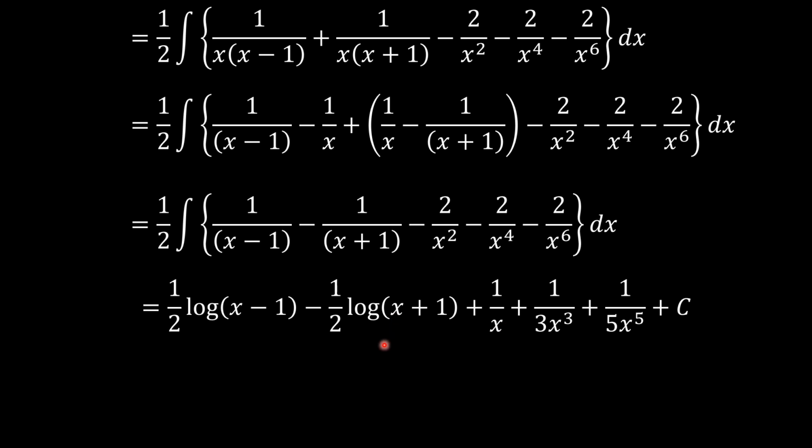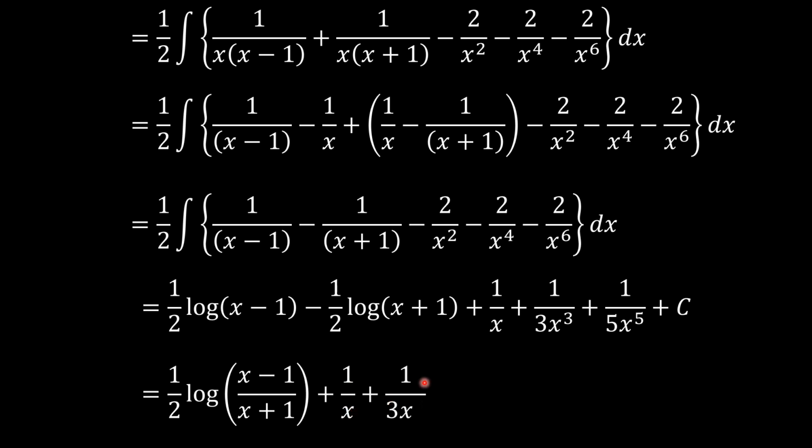Now using the rules of logarithm, we can combine these two here so that we have half natural log of x minus 1 over x plus 1, plus 1 over x, plus 1 over 3x cubed, plus 1 over 5x to the power 5, plus the integration constant. And that is the answer that was being sought.